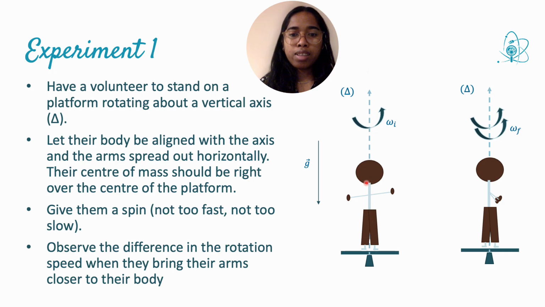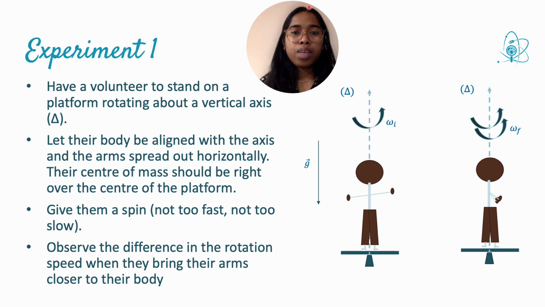So we have the axis, this is the rotator, the platform that can rotate, and this is the axis of rotation. They can also spread their legs to the edge to make the moment of inertia even larger.